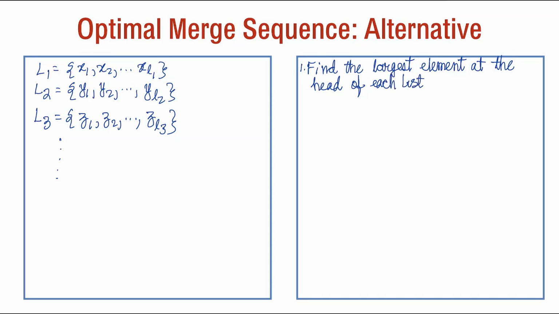Sorry, that is not the right sentence, let me correct. Find the largest element from all the elements at the head of each list.